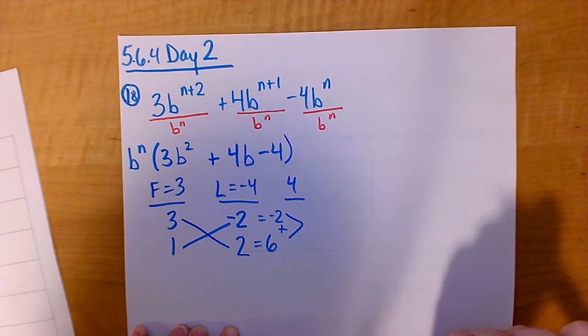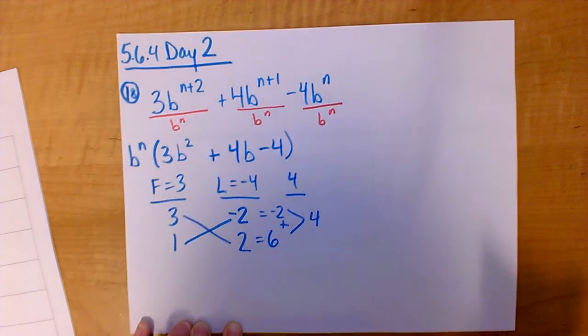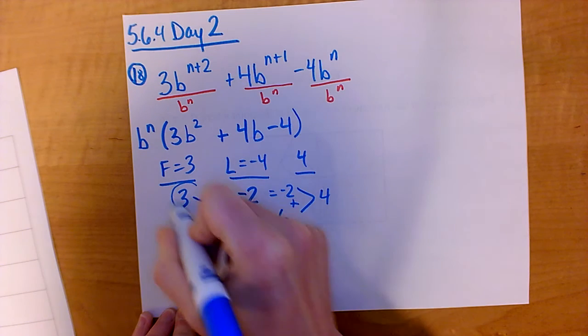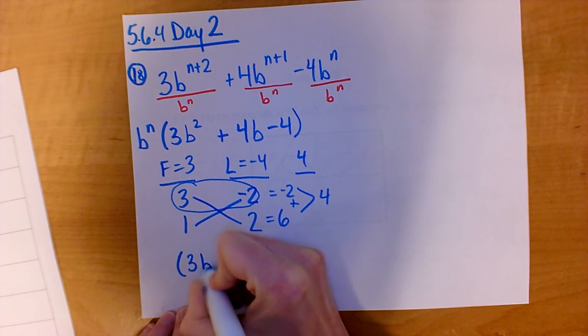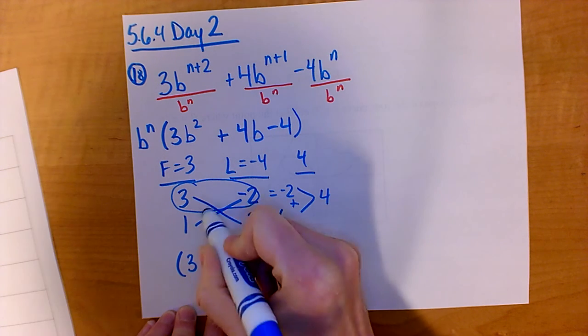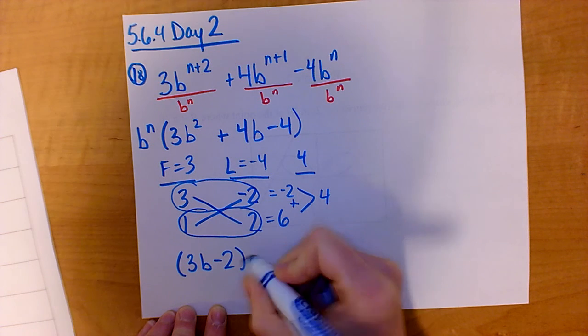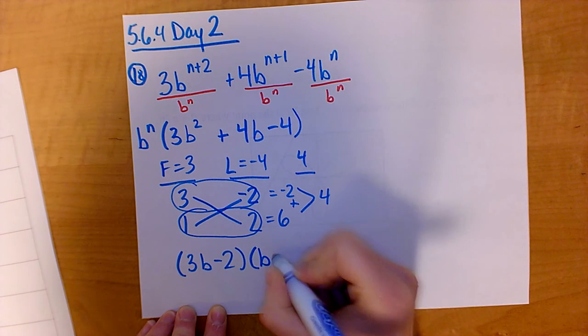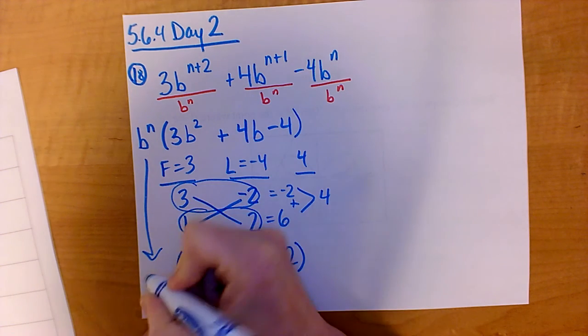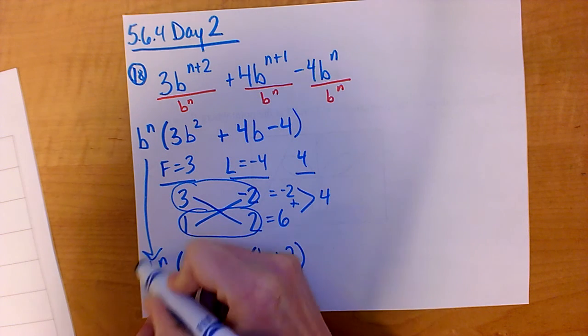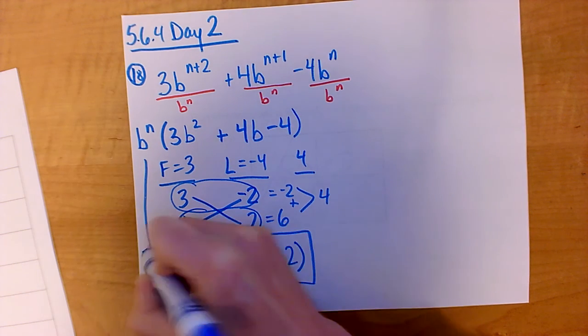If we add those up, negative 2 plus 6 does give us a positive 4. So 3 and negative 2 are a pair, and that looks like 3b minus 2. Then 1 and 2 are a pair, and that looks like b plus 2. And we can't forget our GCF of b to the n, and we pull that down, and that's our answer here.